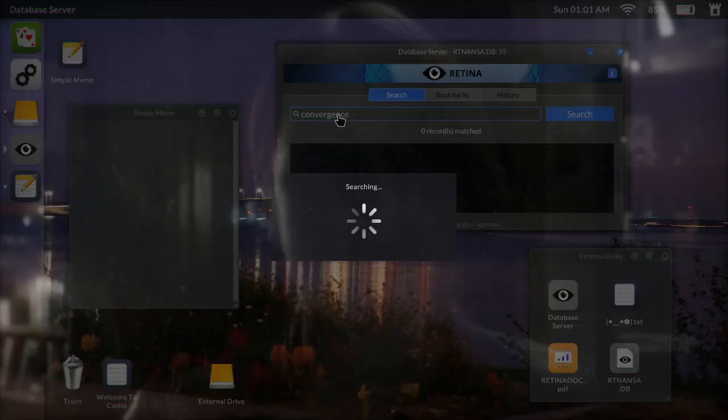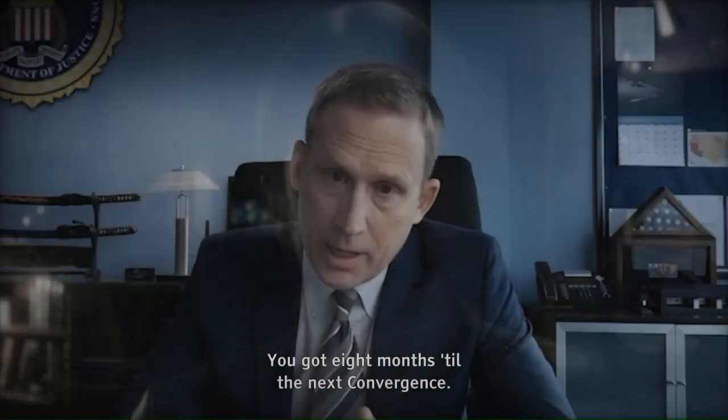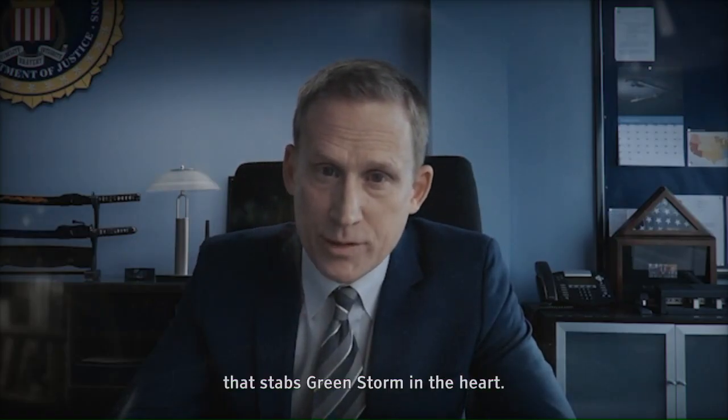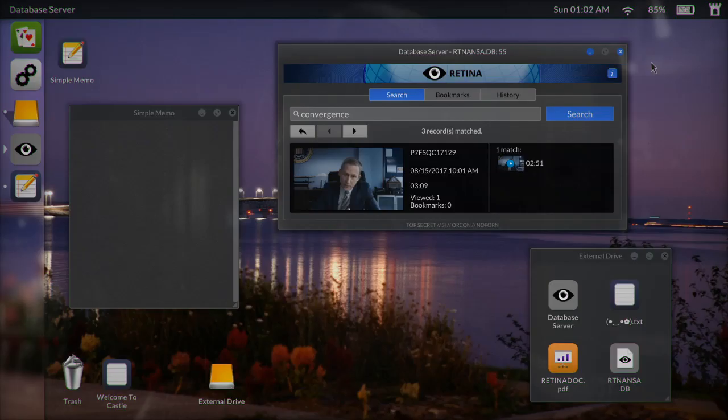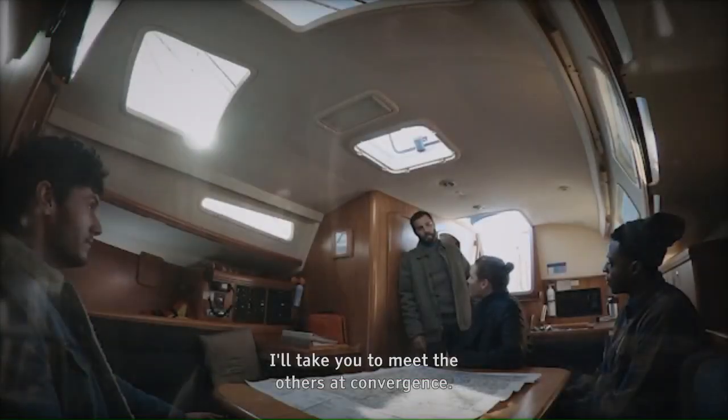Convergence. You got 8 months till the next Convergence. Just follow the protocol and stick to the plan. You're gonna be the knife that stabs Greenstorm in the heart. I'll take you to meet the others at Convergence. Fantastic.